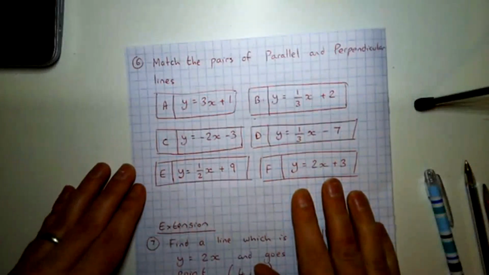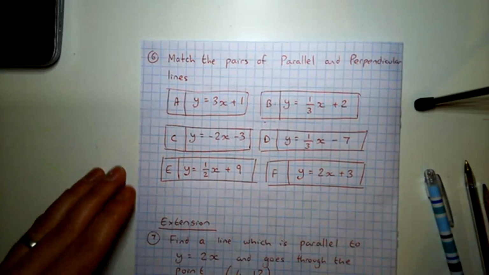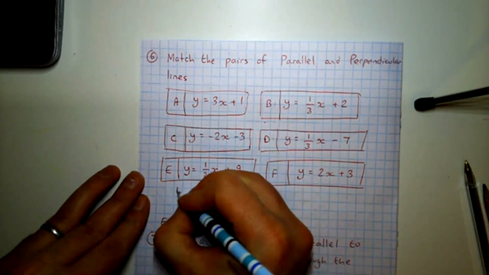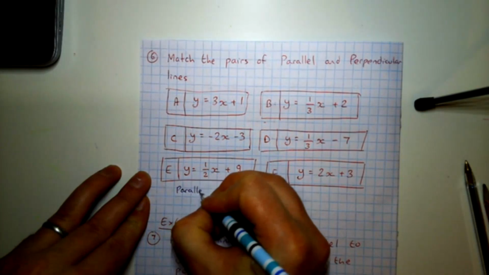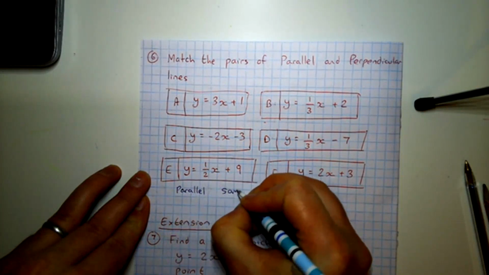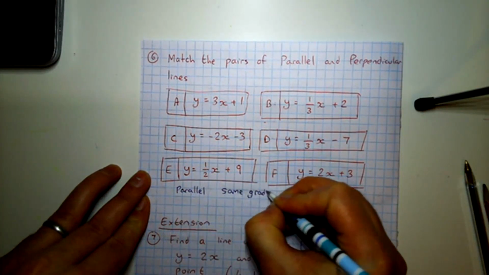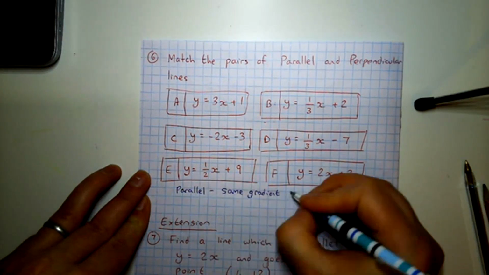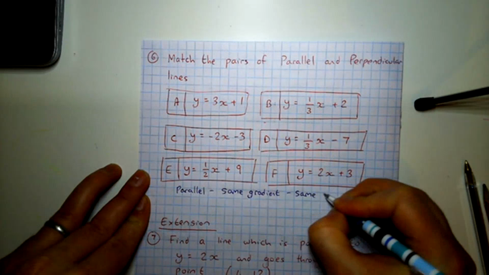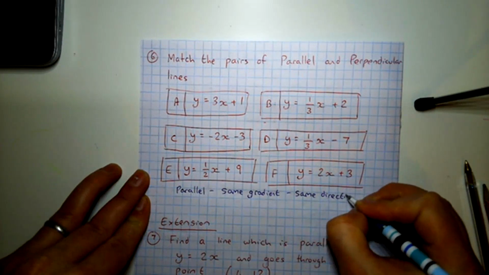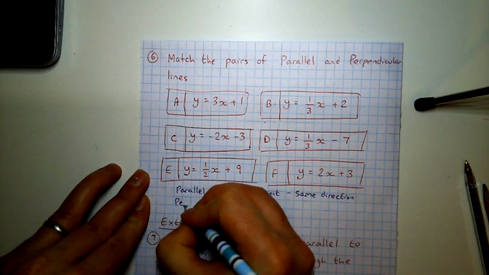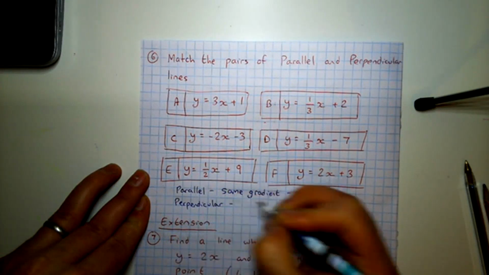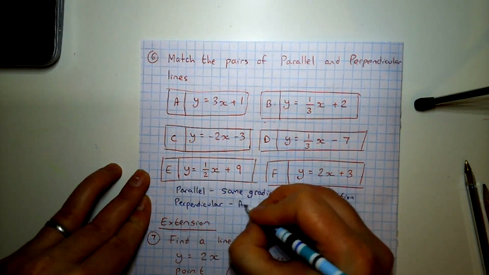So parallel and perpendicular lines. Now, we have to remember parallel, same gradient. Same direction. Perpendicular means at right angles.